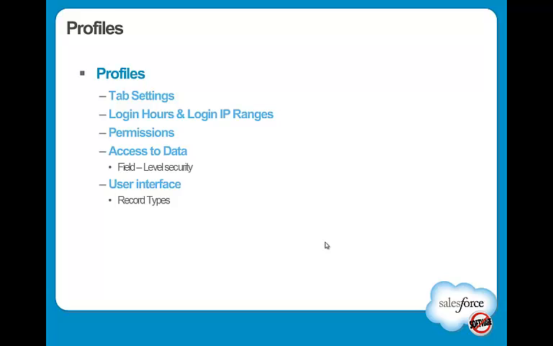So let me get into the SalesForce application and showcase. Let's start with the profile. Let's go and create a profile, and then let's go and assign this profile. Then I will go through the permissions part of it. Then I will go through the field level security part of it, and the last demo would be on how to create record types and page layouts, right?